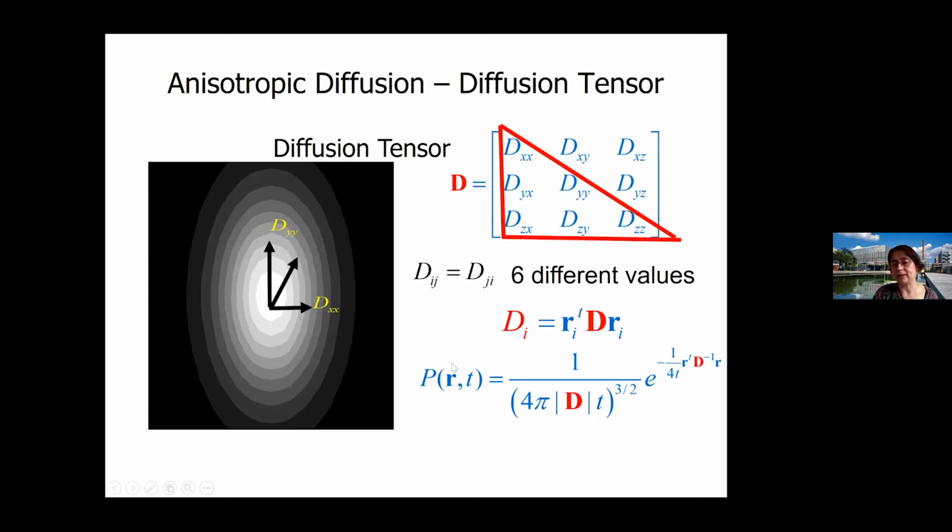So if we have this formula below, this is what represents the probability, and the D, this diffusion tensor, gives the indication of how the diffusion is.